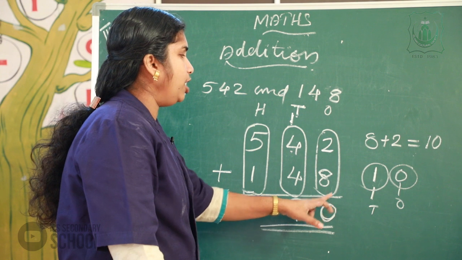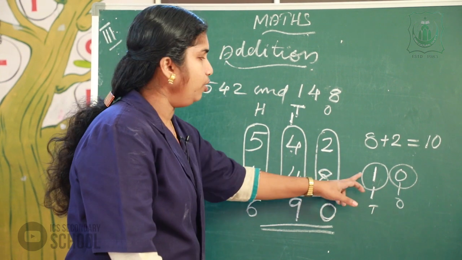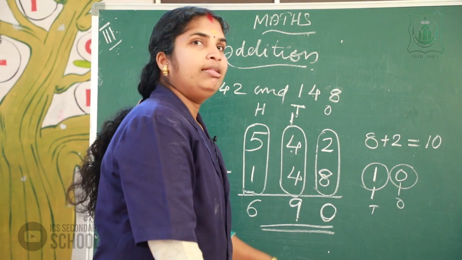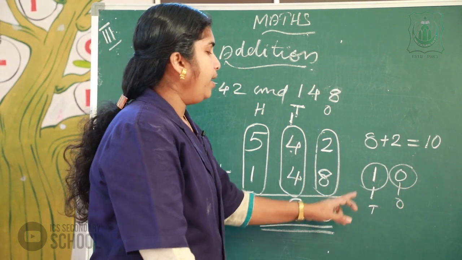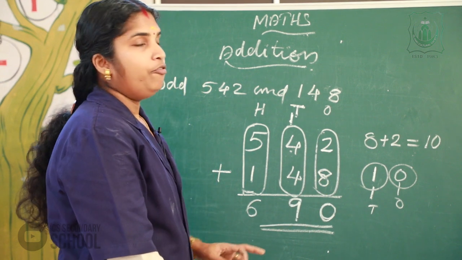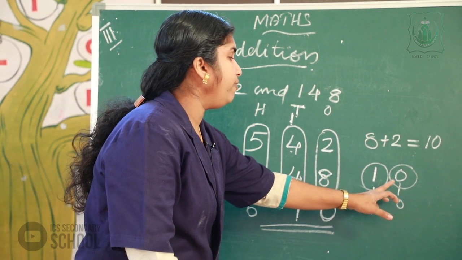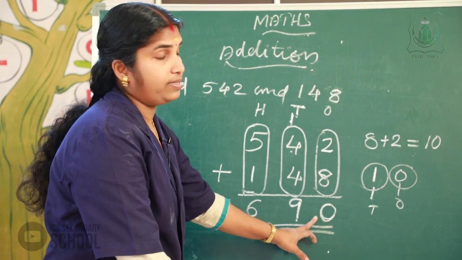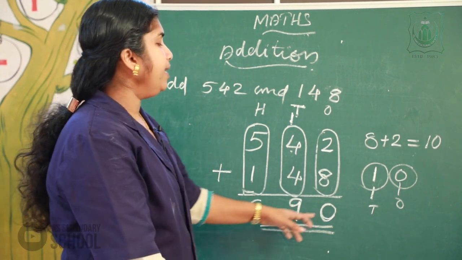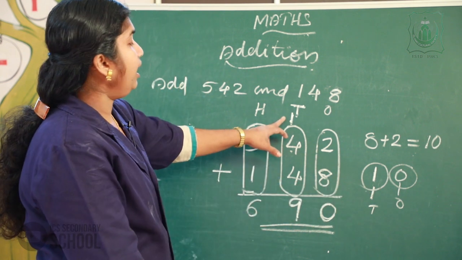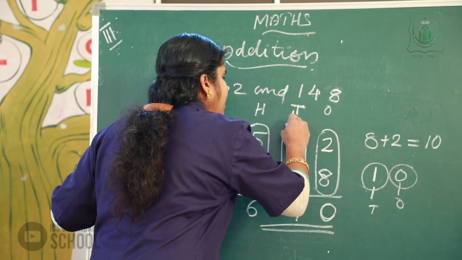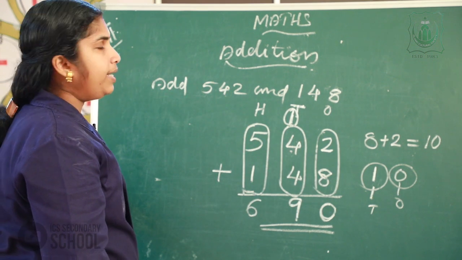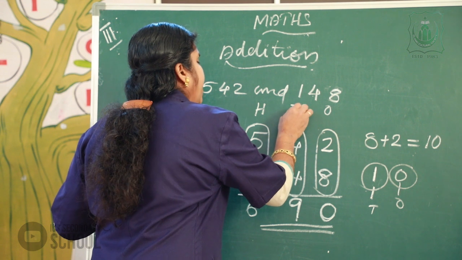8 plus 2 is equal to 10. In the 2-digit number 10, the ones place is 0 and the tens place is 1. We write this 0 in the ones place, and the 1 is carried over to the tens place.